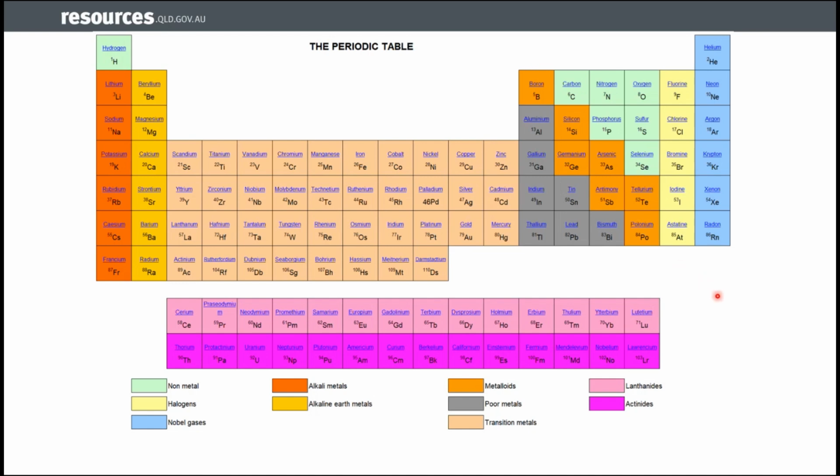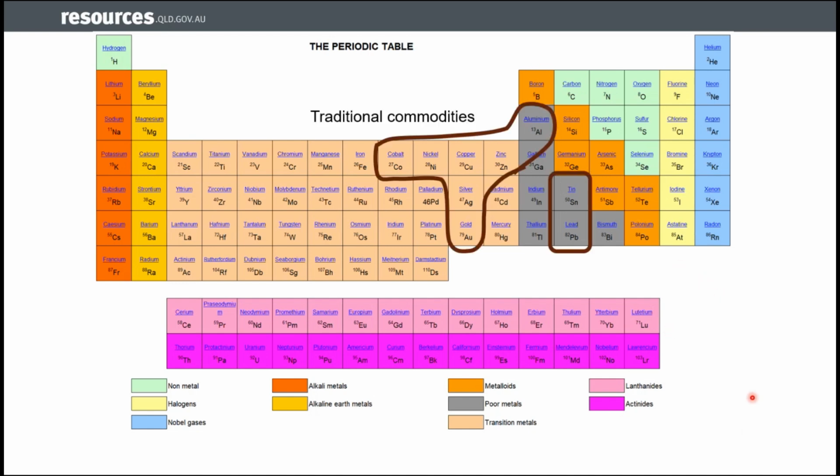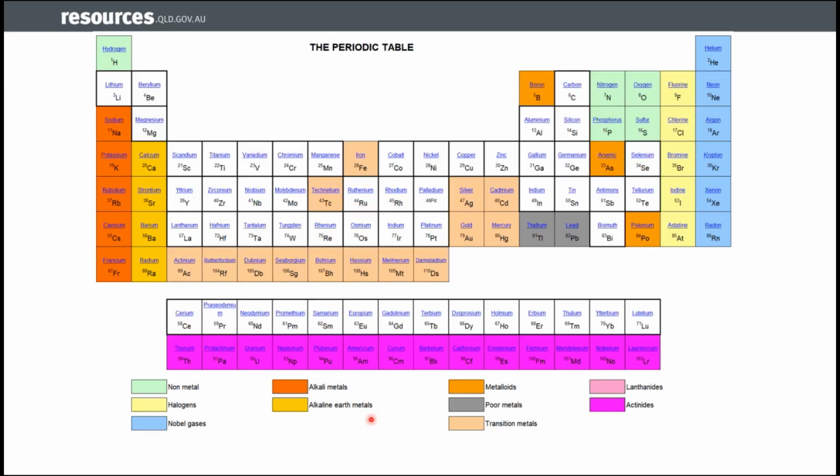If you look at traditional exploration, most successful mines were created when we mined very similar commodities. That's the metal group. There are 15 or so elements covering the core metals. When we throw in the critical metals, and Queensland is very generous, we've got 52 critical elements here.